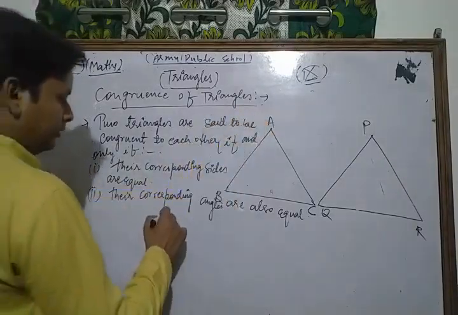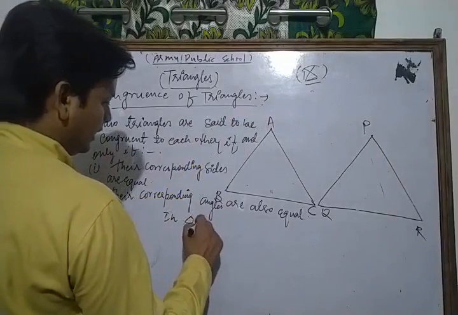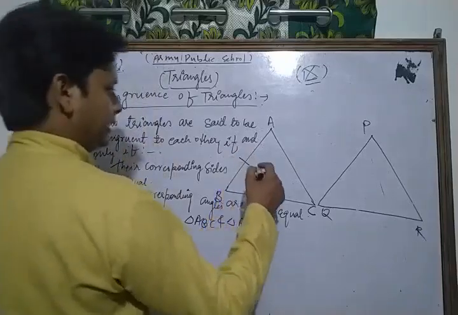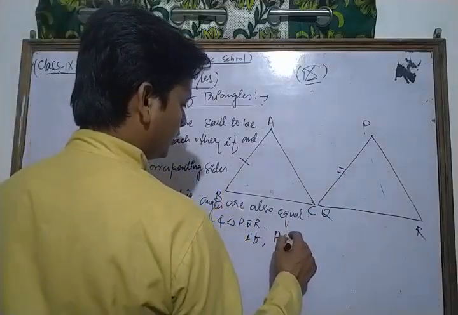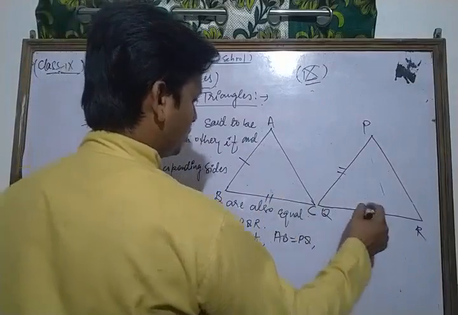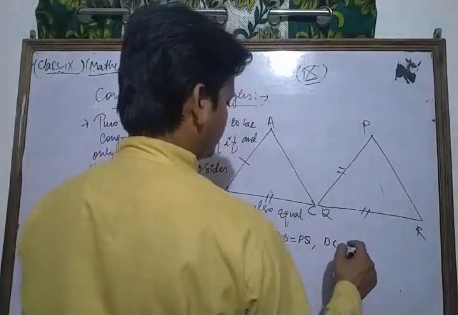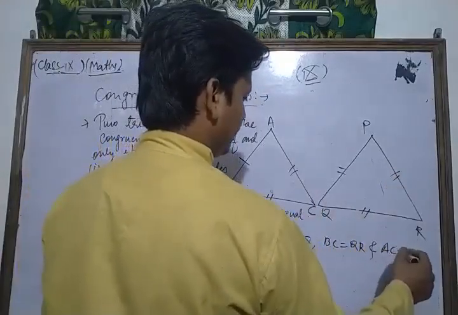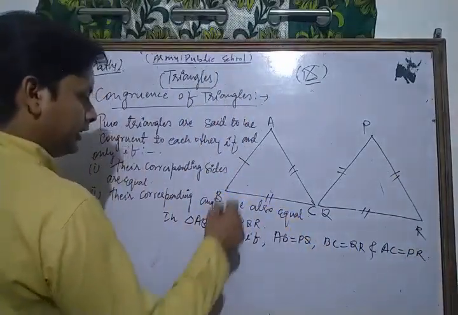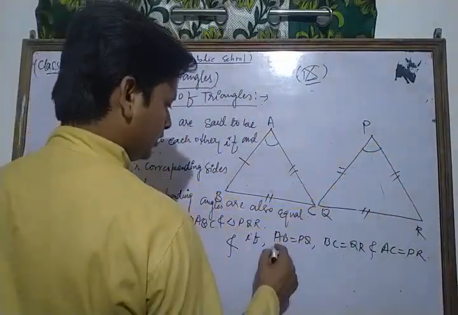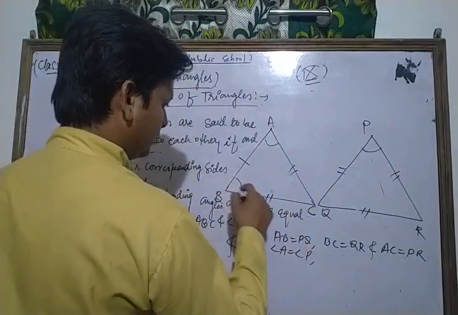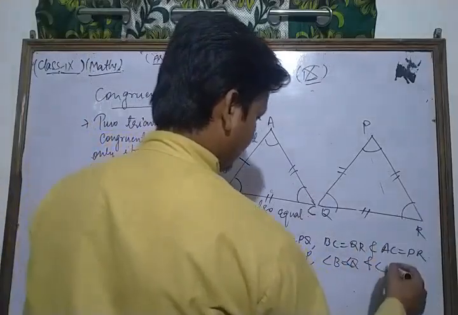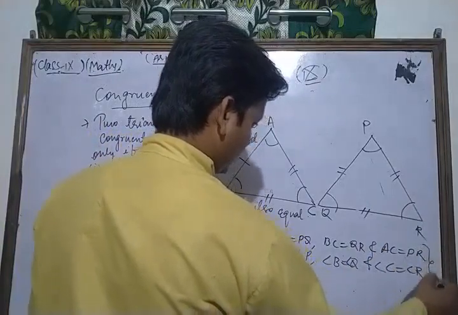So here in triangle ABC and triangle PQR, if their corresponding sides AB is equal to PQ, BC is equal to QR, and AC is equal to PR, and their corresponding angles are equal, meaning angle A is equal to angle P, angle B is equal to angle Q, and angle C is equal to angle R.